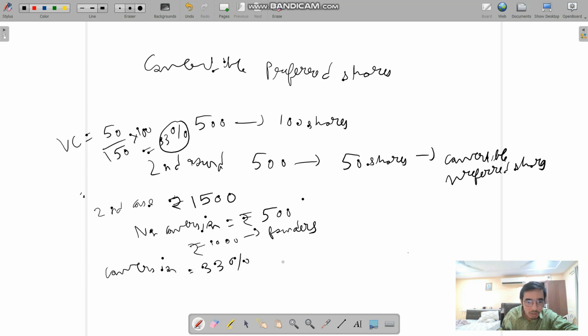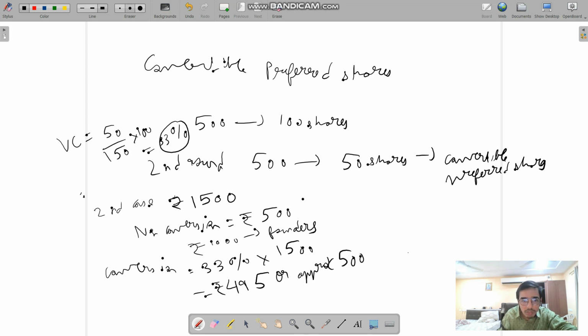But in case of conversion, now how much will I get? 33% into 1500, which comes to around 495 rupees, or let's say approximately 500.